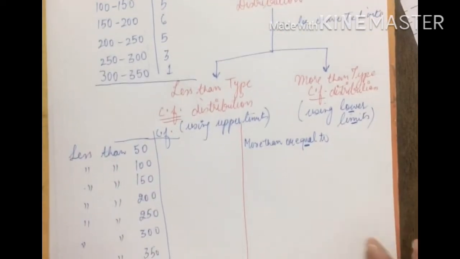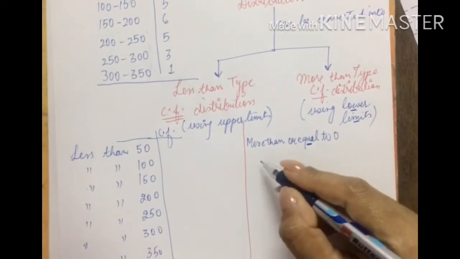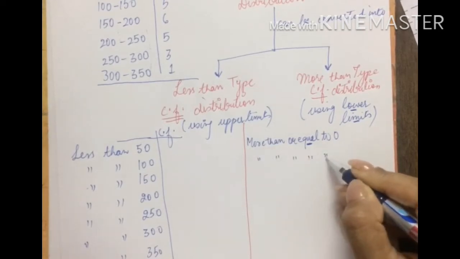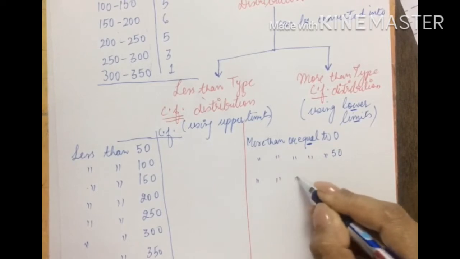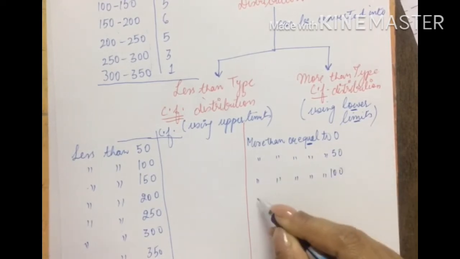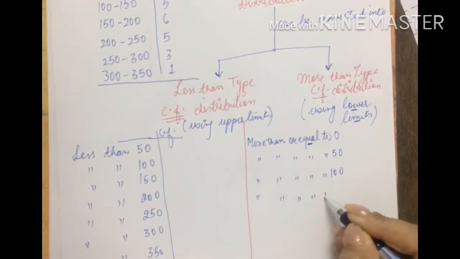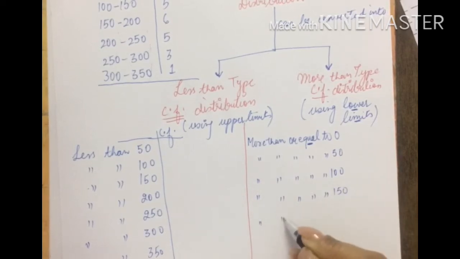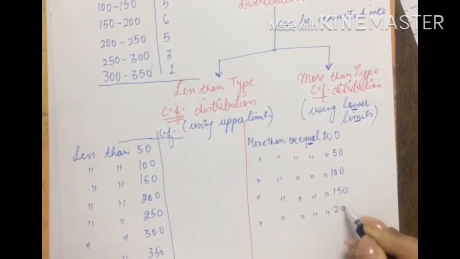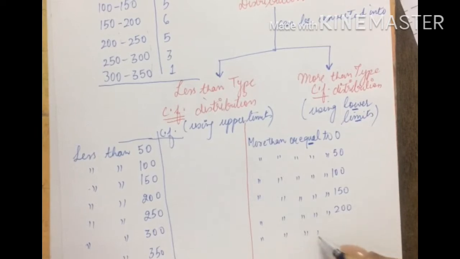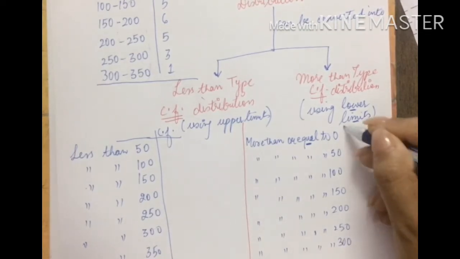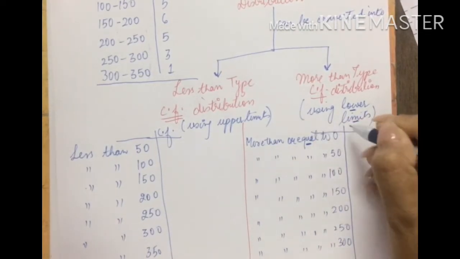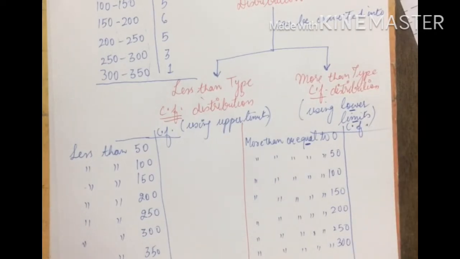So we have more than or equal to 0, more than or equal to 50, more than or equal to 100, more than or equal to 150, more than or equal to 200, more than or equal to 250, more than or equal to 300. And for the same we shall be writing down cumulative frequency.